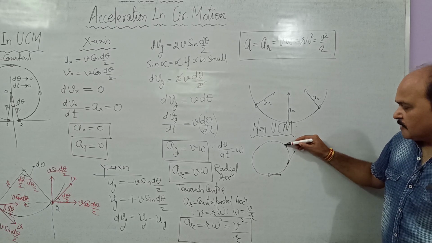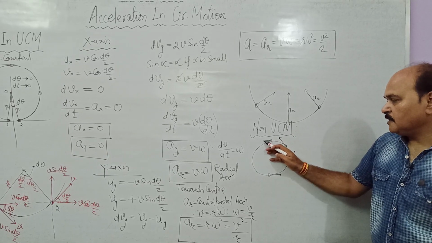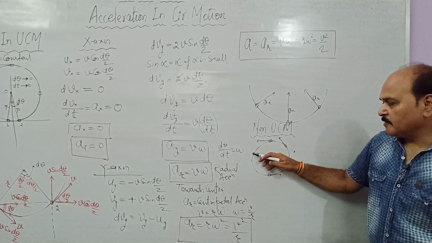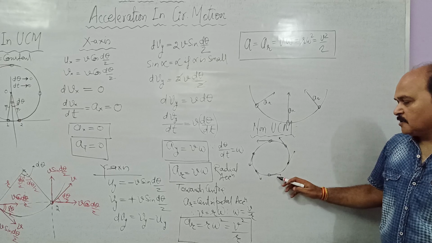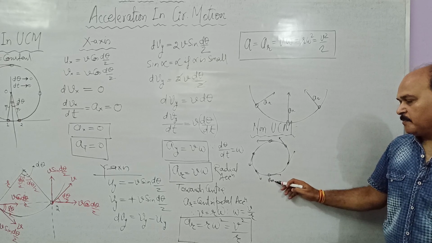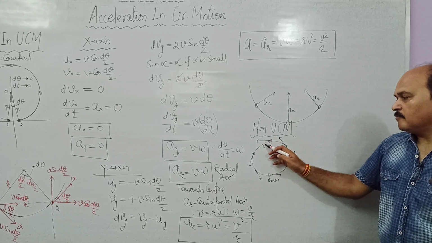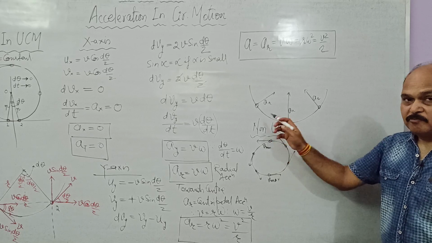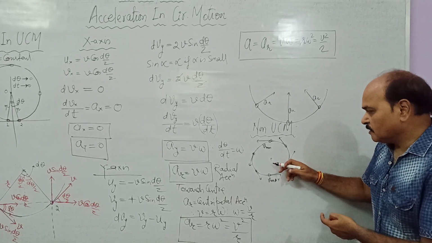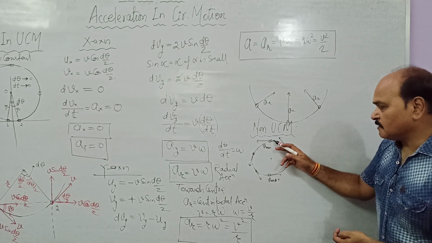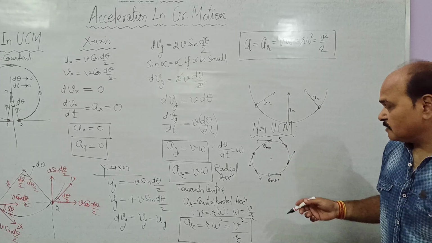It is different in magnitude, and the velocity is different in both magnitude as well as direction. So this is velocity, here say maximum, and here velocity is going to be minimum. If it is motion in vertical plane, as the bob moves from here to here, the velocity decreases, and as we move from here to here, the value of velocity increases.